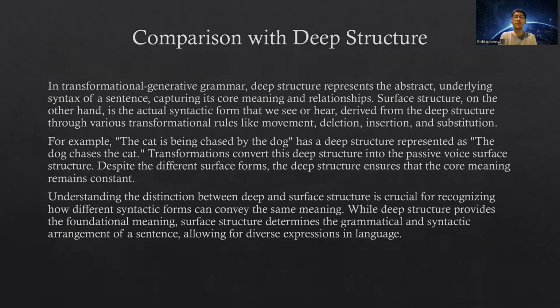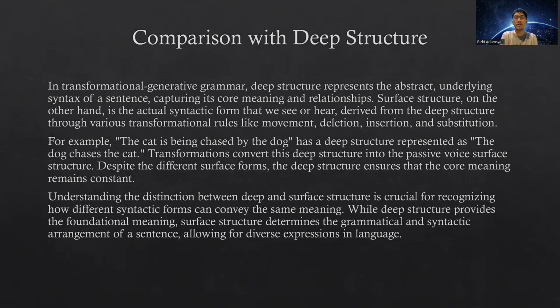Progression with deep structure. In transformational generative grammar, deep structure represents the abstract underlying syntax of a sentence, capturing its core meaning and relationships. Surface structure, on the other hand, is the actual syntactic form that we see or hear, derived from the deep structure through various transformational rules like movement, deletion, insertion, and substitution.